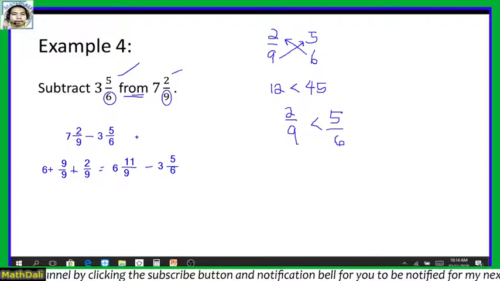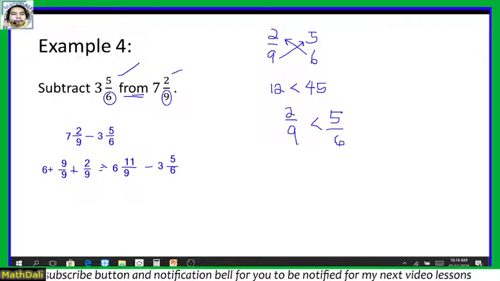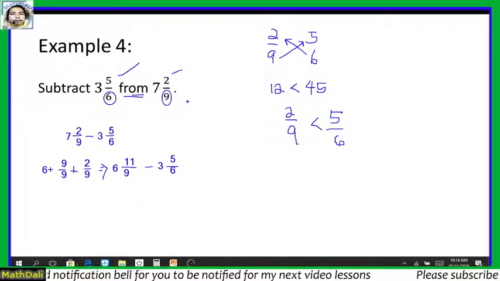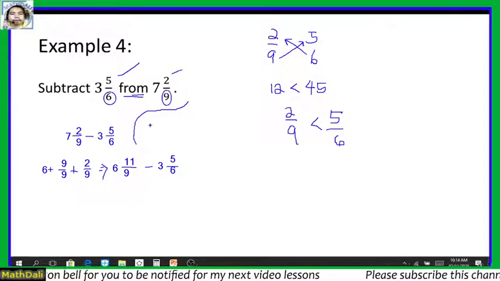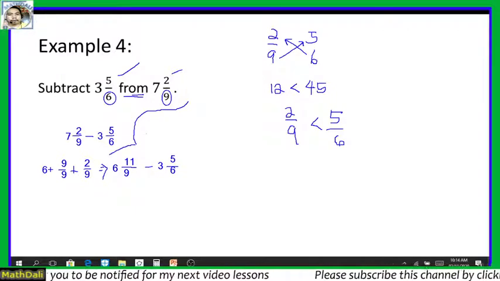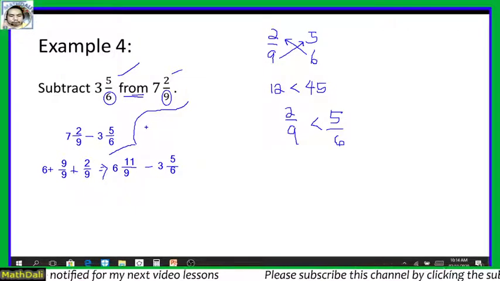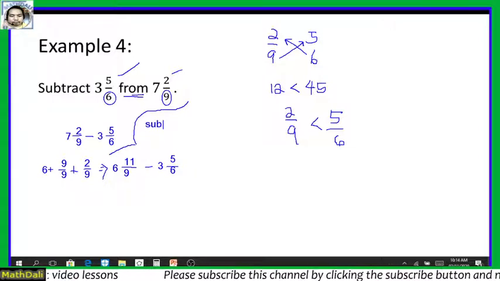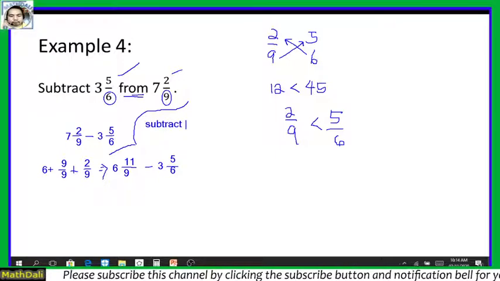Okay, so pwede nating isubtract muna yung ating whole numbers. Subtract muna natin. Solution. Subtract the whole numbers.